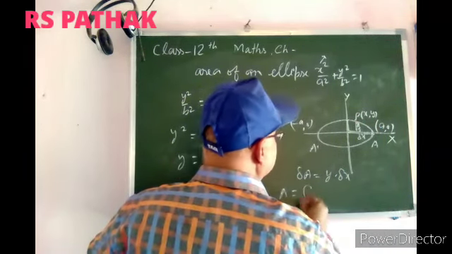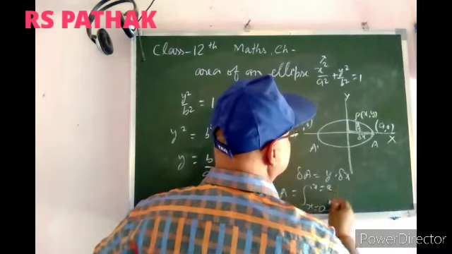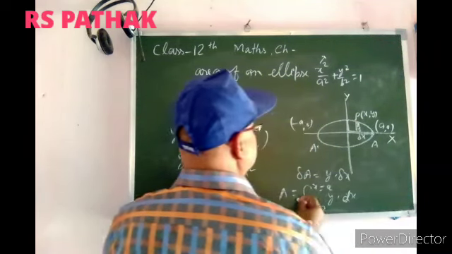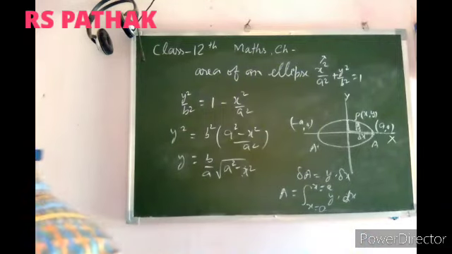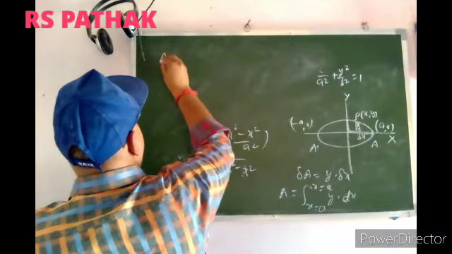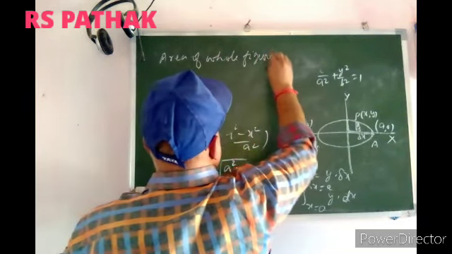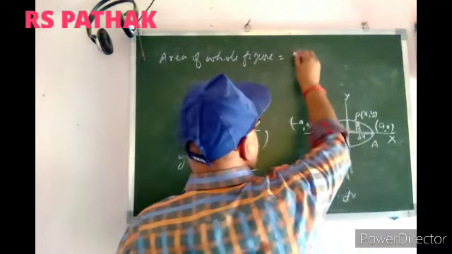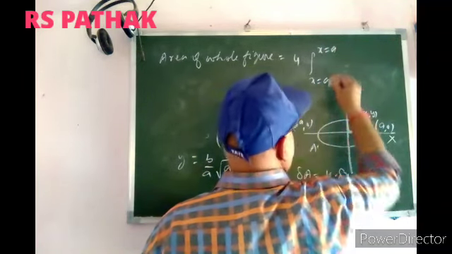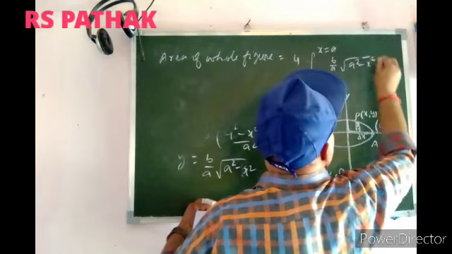For finding the area of the whole figure, we will find the area of only this part, which will be area A equal to the integral from x equal to 0 to x equal to a of y dx. The area of the whole figure will be equal to 4 into the integral from x equal to 0 to x equal to a, where y means b upon a under root a square minus x square, dx.